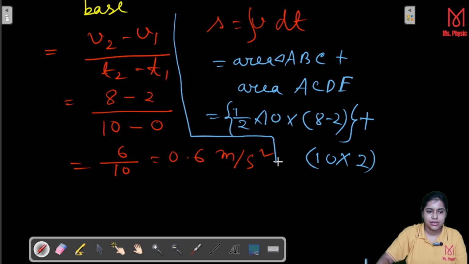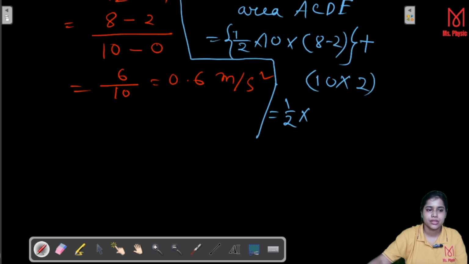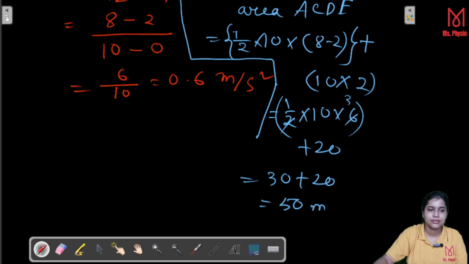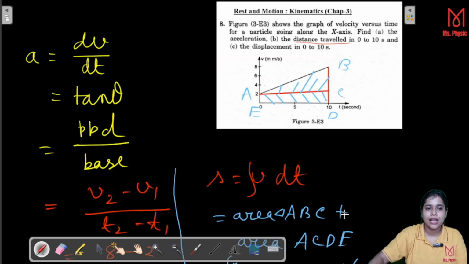So it is half multiplied with 10 multiplied with 6, plus 20. So it is 30 plus 20, and we are getting 50 meter. This is the value of the distance traveled.